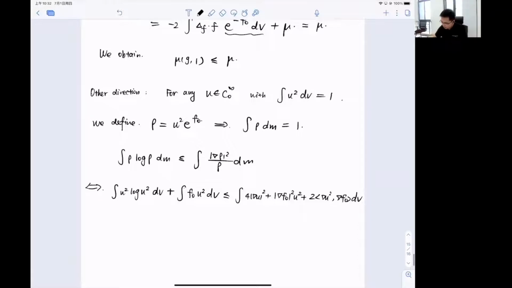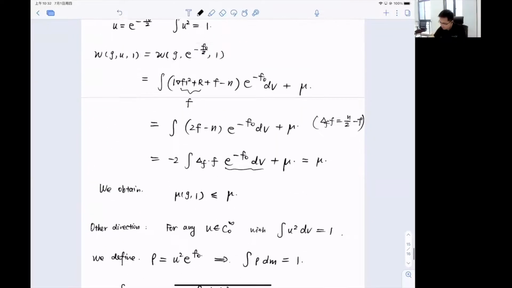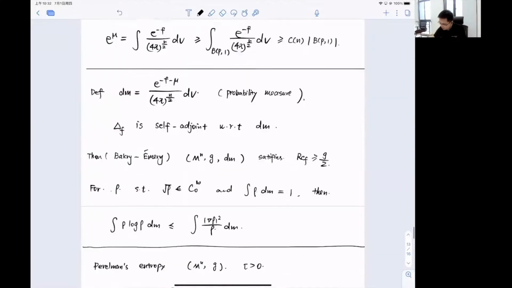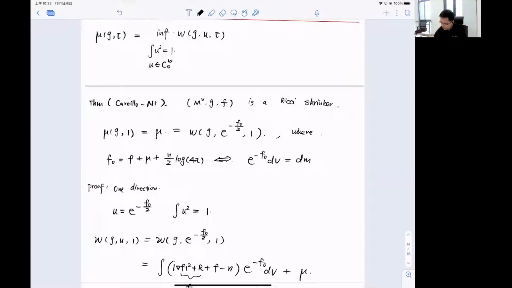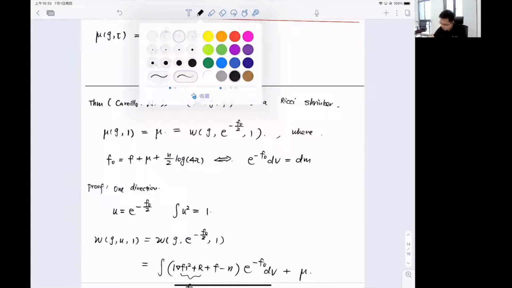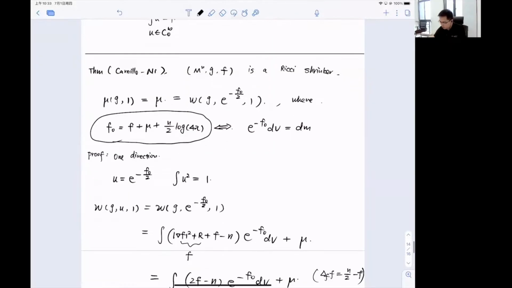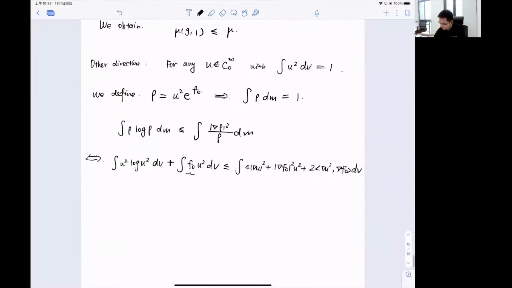Okay, now by our definition of f0, recall that f0, the definition above, is equal to f plus mu plus n over 2 times log 4 pi. So I'll circle this. Then we can replace f0 with f plus some constant.